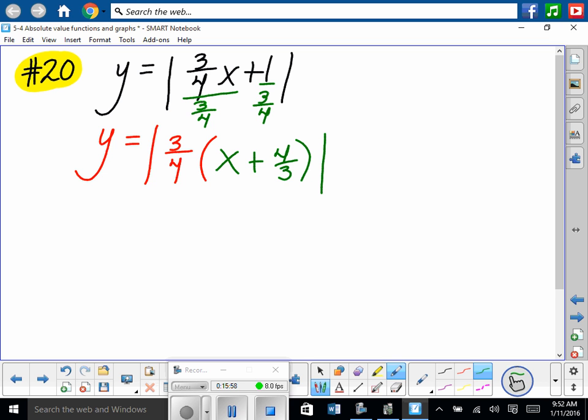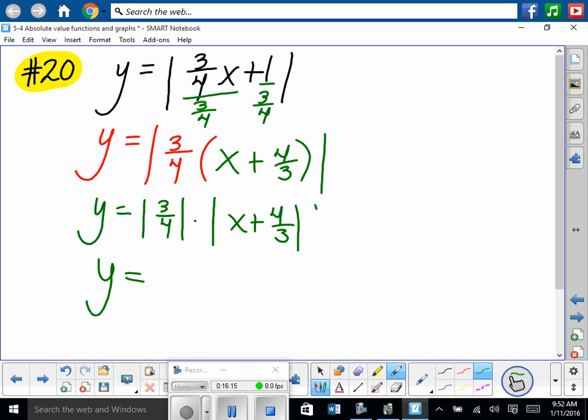Is everybody following me? Yes. So then we can rewrite this as the absolute value of 3/4 times the absolute value of x plus 4/3. So then from there, we know the absolute value of 3/4 is just 3/4, times the absolute value of x plus 4/3.